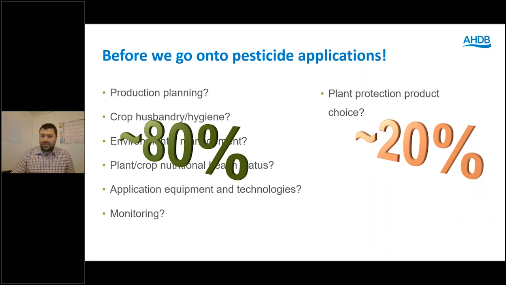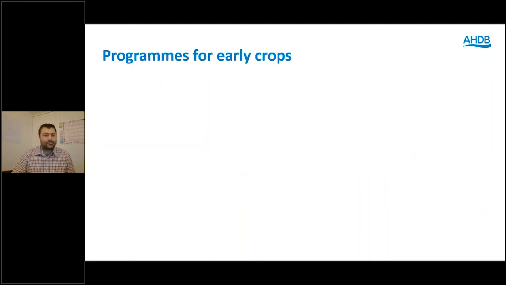We are losing a number of crop protection products, so effectively the more we do on the cultural control and IPM front, or integrated crop management front, the better chances we stand to protect our crops. So please take this away, 80-20. If you remember that rule, I can guarantee you'll see improvement in your crops.